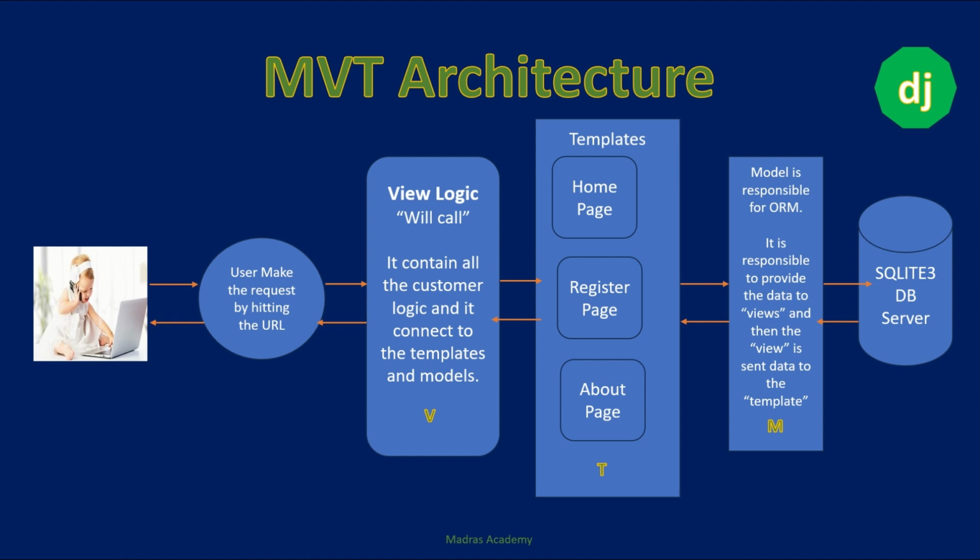After registration, we need to redirect to the login page. Whatever response we return inside this view, that will execute. This is how the model, view, template logic works in a Django application. Now you understand the concept of MVT architecture.